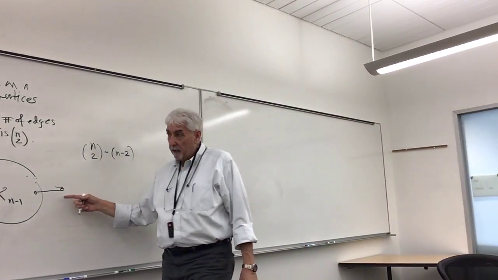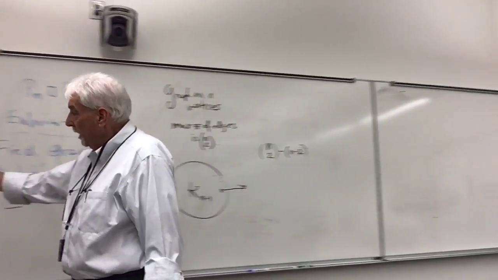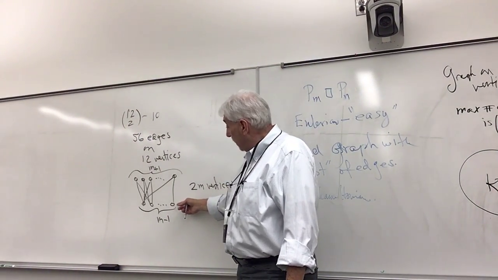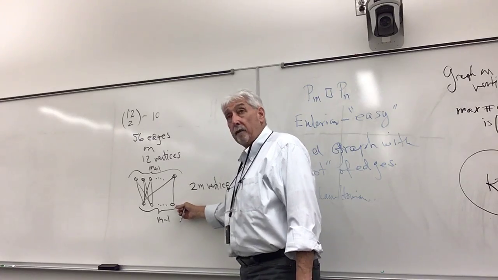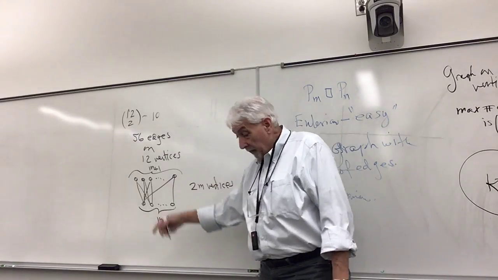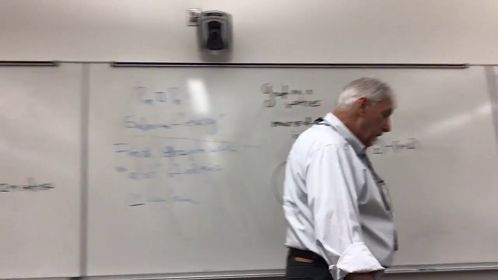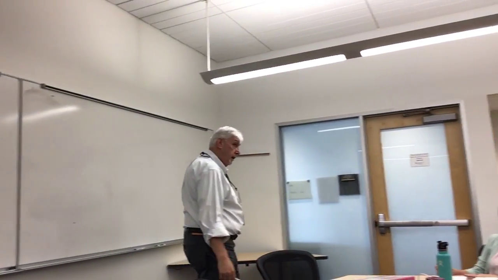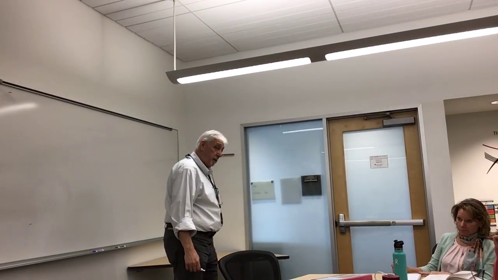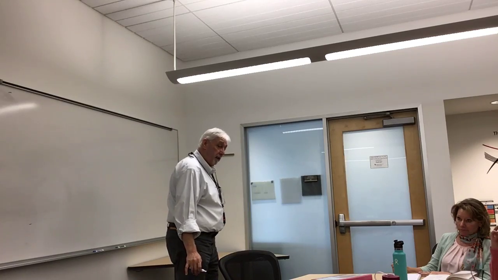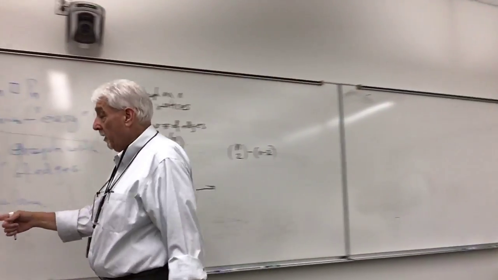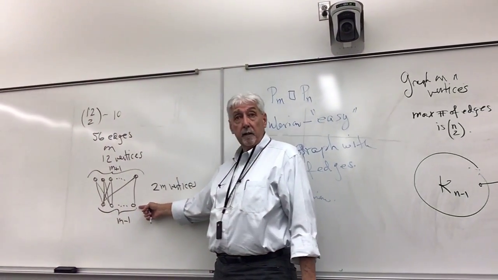So I have a vertex of low degree. Here I have, at least all my vertices have pretty high degree. What's the maximum degree in this graph? I mean, that's a complete bipartite graph. What are the degrees of these points down here?